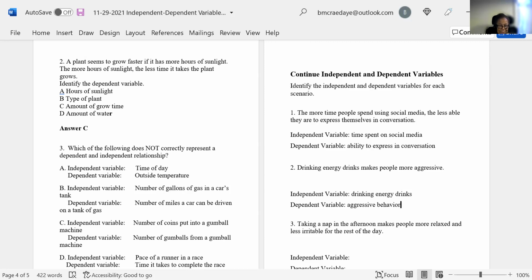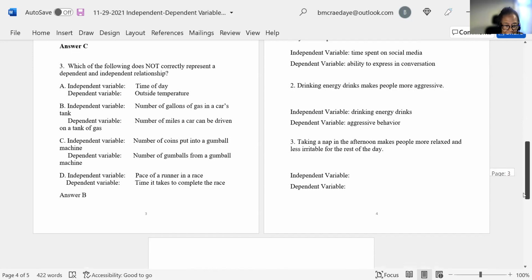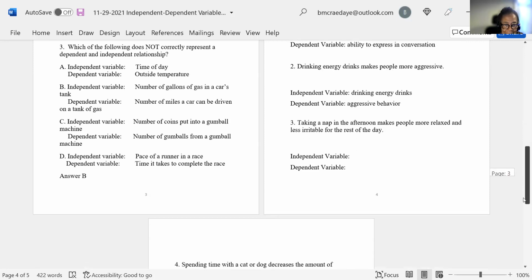Okay. All right, let's look at number 3. Taking a nap in the afternoon is the independent. What's the dependent?